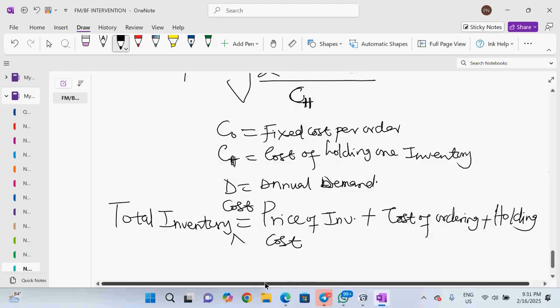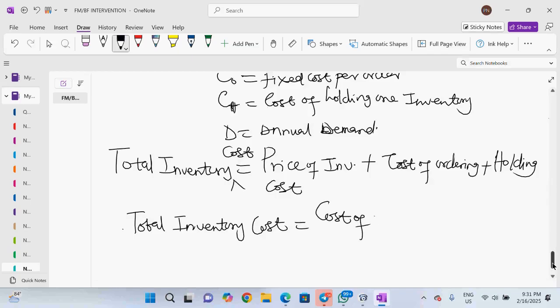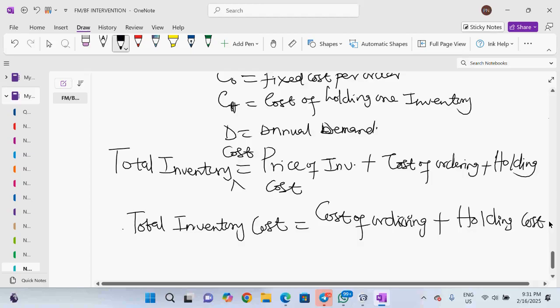But if the purchase price is constant, there is no discount, then the total inventory cost is equal to the cost of ordering plus the holding cost.